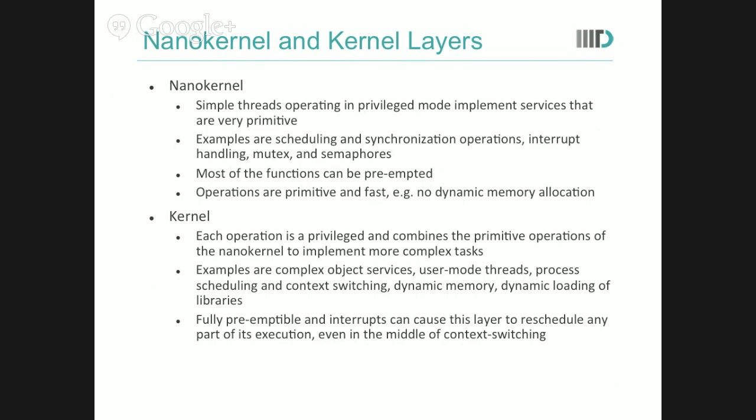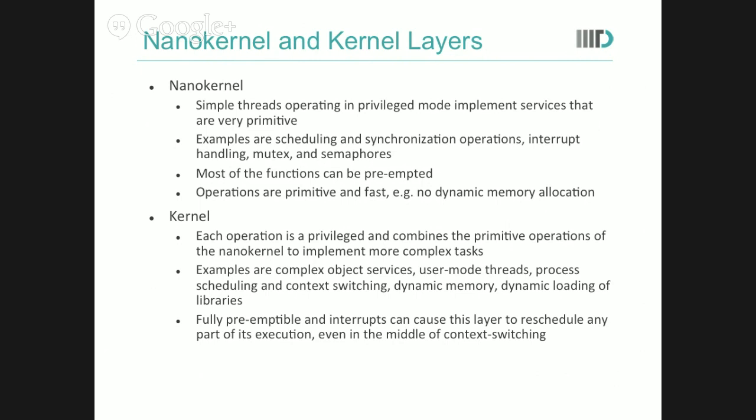Then you do process scheduling, context switching, changing between one process to another process, and you all know the scheduling algorithms, so I will not talk about different scheduling algorithms. Dynamic memory here. And then dynamic loading of libraries. At runtime, you can load libraries as compared to static time. All these are part of the duties or chores of the operating systems, and it will do it here inside this part, but not inside this one.